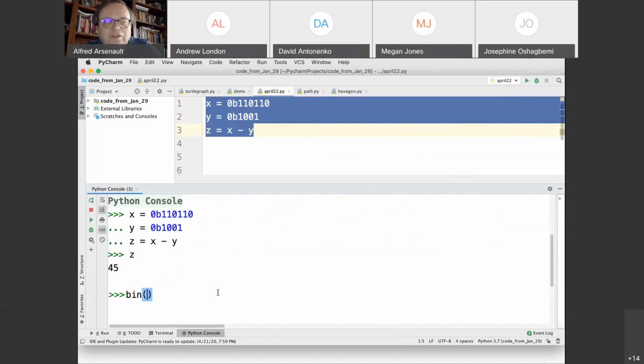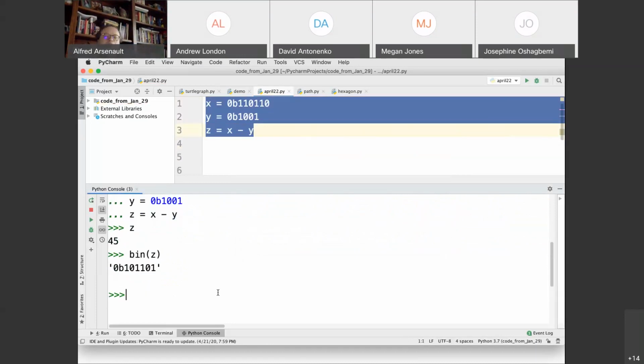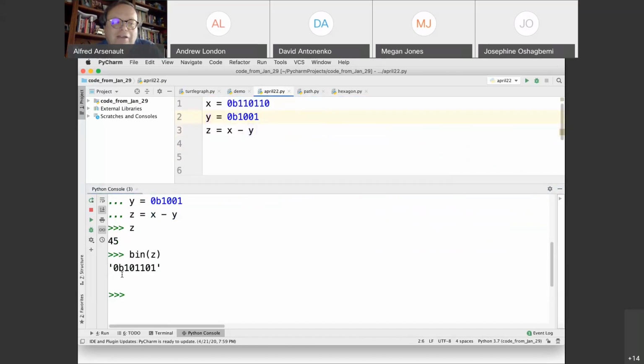Let's say, what is the binary of z? The answer from doing that direct subtraction is 101101. So when I took x minus y, I got 101101, which equals conveniently from PyCharm the decimal number 45.